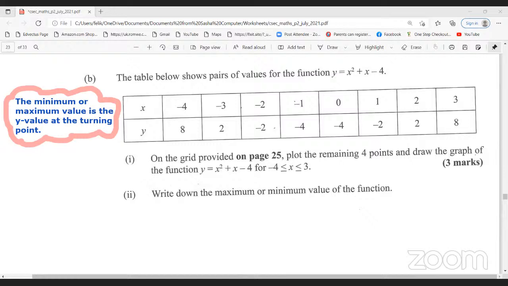Miss, you know the website where you can go and do graphs? GeoGebra, yeah. All right, let's try GeoGebra.